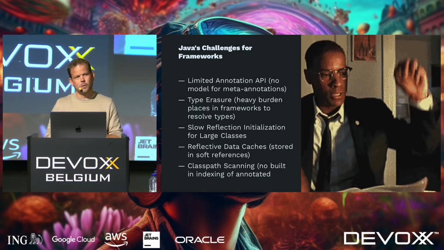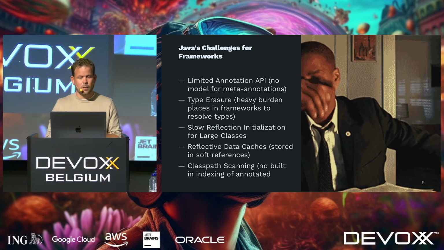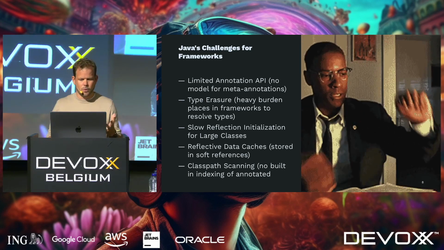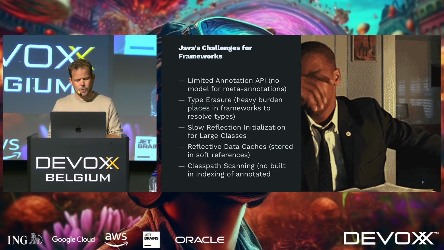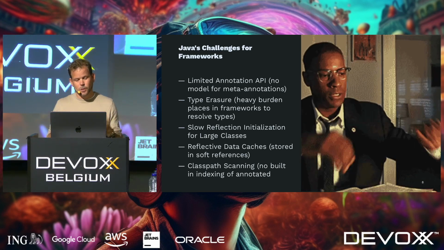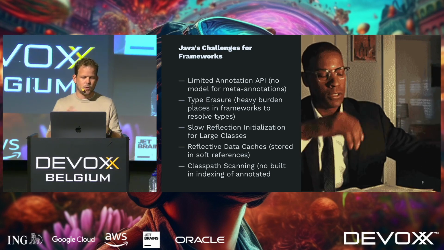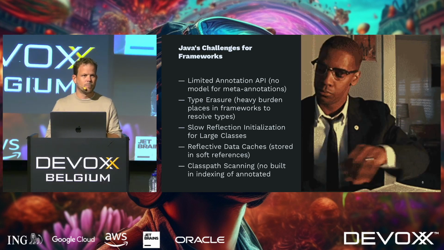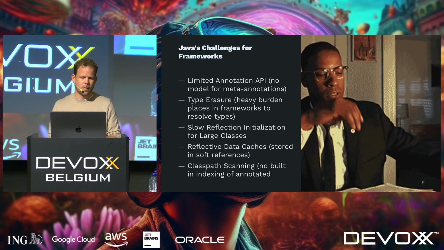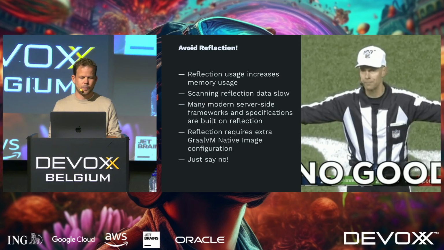There's no built-in way to do that in the JDK, so most frameworks have rolled their own solution. And then reflective data structures are slow to initialize, they occupy a lot of caches, and of course there's type erasure, which places a heavy burden on frameworks to work out at runtime what to do.